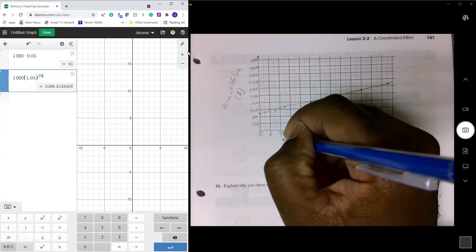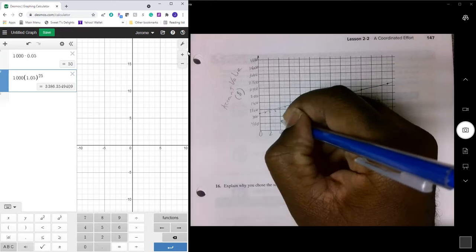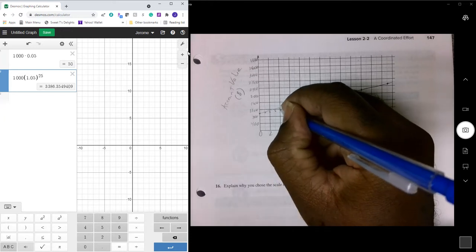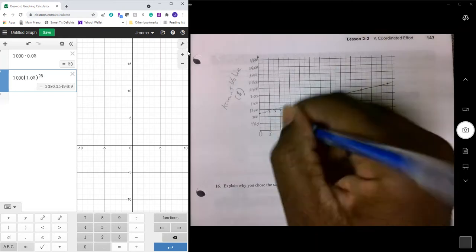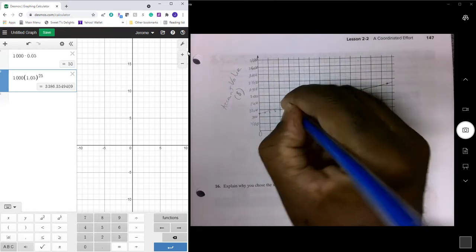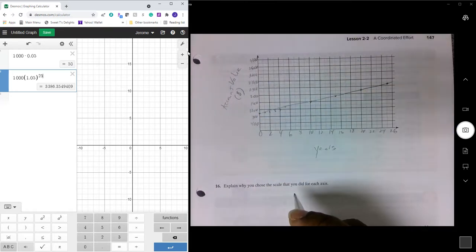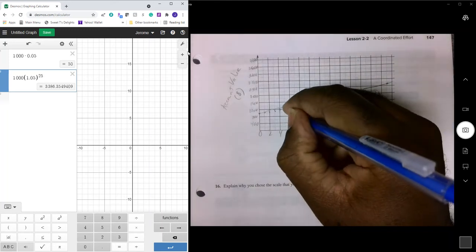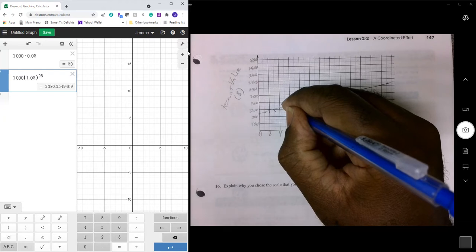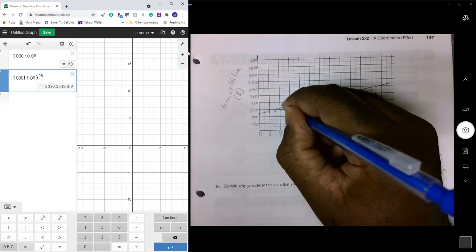And then we would have 4, 1,215. Actually, it should be above the 1,200, but a little bit below. Okay, and then we have 5, 1,276, a little bit below the 1,300.